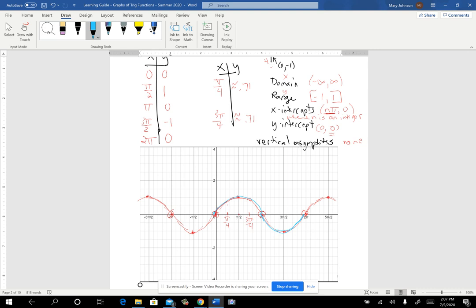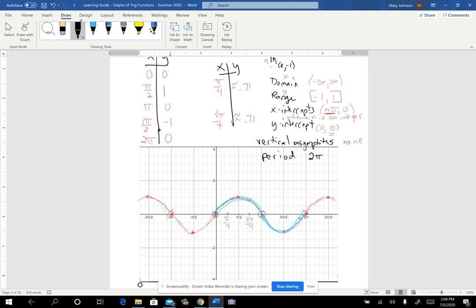But if we take a copy of what I just did in blue and continue it to the right and to the left, I would wind up having the complete graph. So the period of the sine function is 2 pi. That's how long it takes in order to be repeating itself. So the period would be 2 pi.